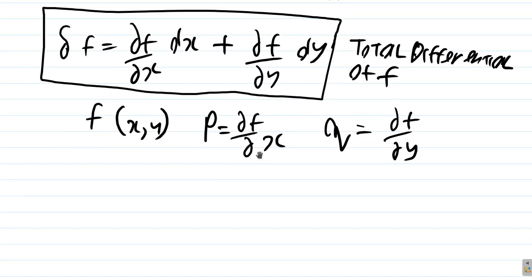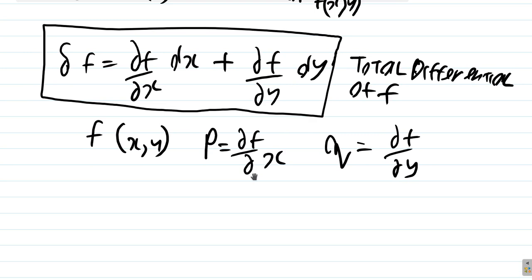Now, that total differential can also be what you call an exact differential. When you have this case, suppose you differentiate partial f by partial x with respect to y. Then what you have is partial squared f by partial x partial y.